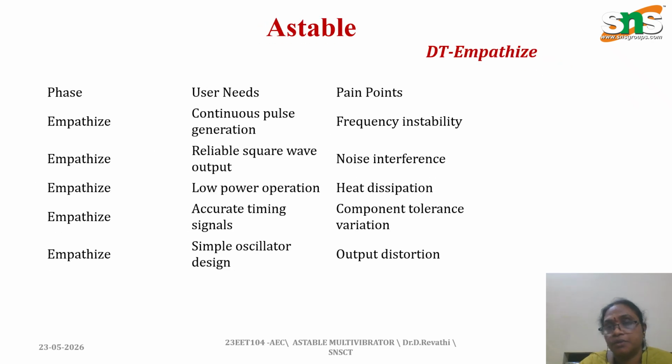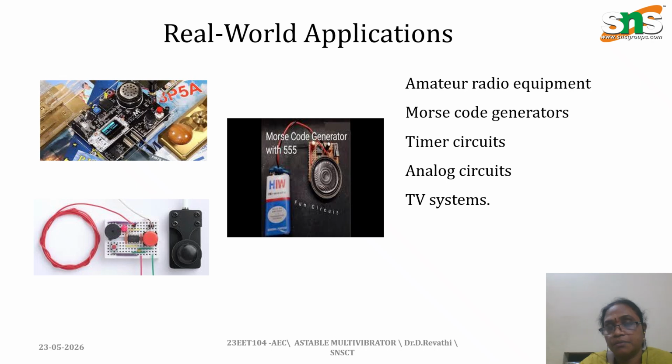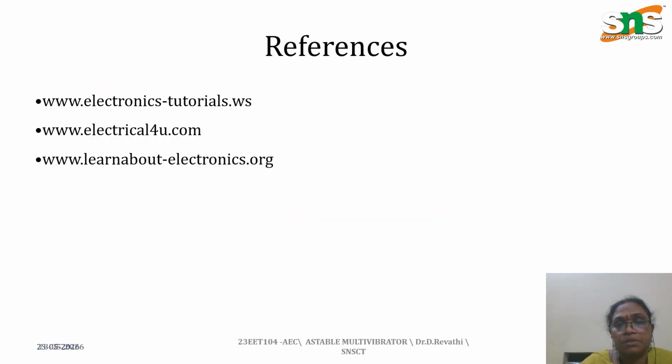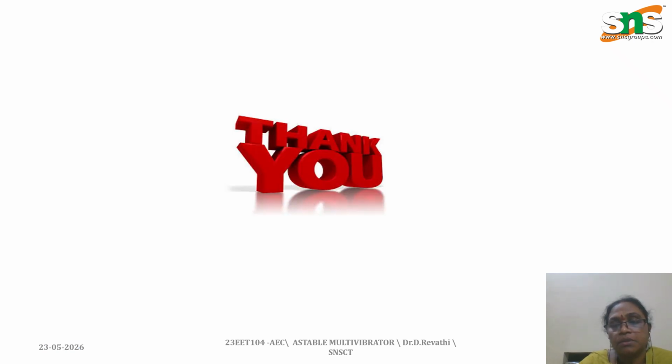And this is the definition and the summary of the astable. For real world applications, we use it in timer circuits, analog circuits, TV systems, code generators, and radio equipment. And for the summarization, here we are mentioning the references. So thank you all. See you in the next session.